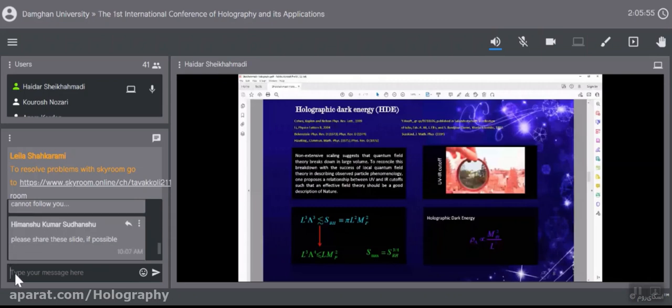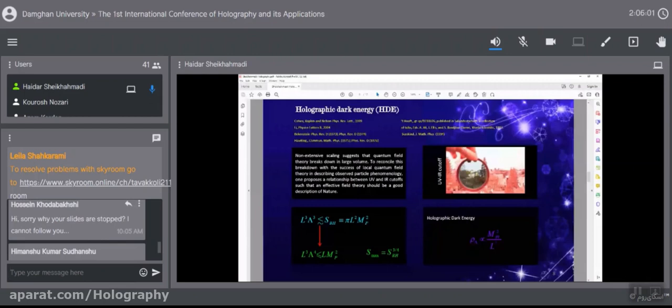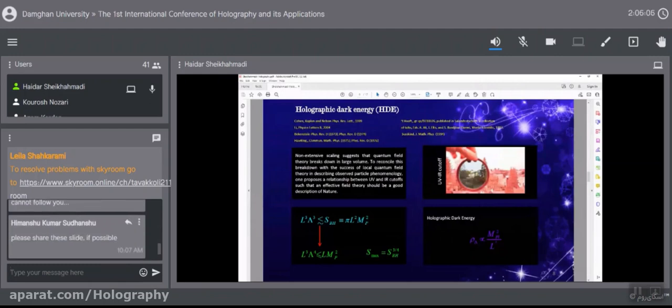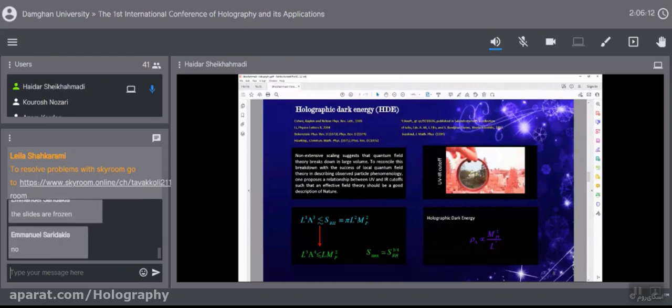So right now I want to jump to the main topic of my talk. Considering the holographic principle, and to get rid of the UV and IR cutoff problems that appear in very high energy quantum field theory, Cohen, Kaplan and Nelson in 1999, in a paper in PRL, proposed an effective version of field theory in which the UV and IR cutoffs are not independently changing anymore.